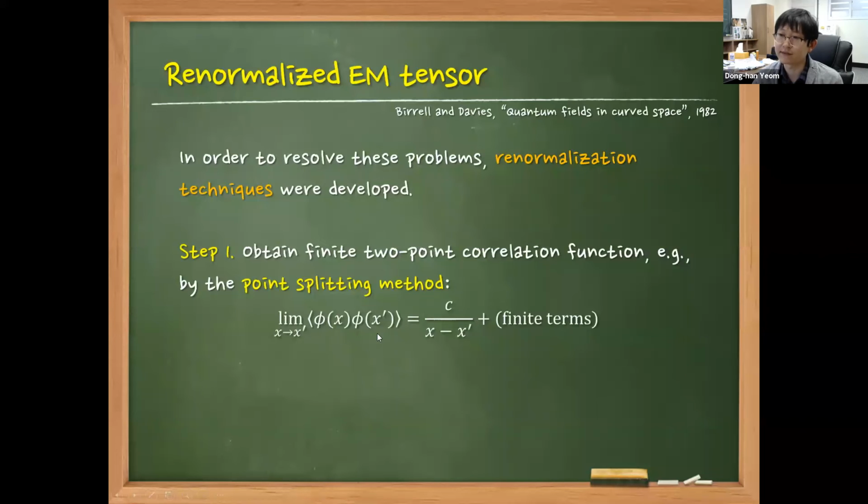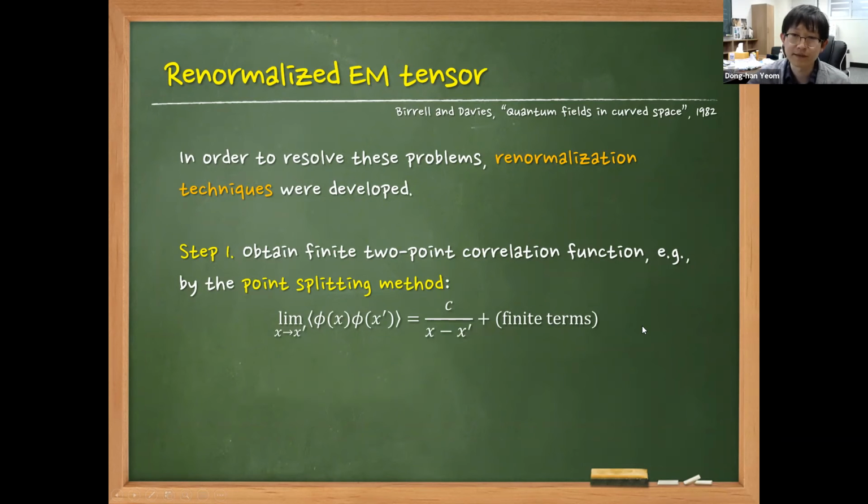If you compute the expectation value at x and x prime, then it is a non-divergent quantity. And if you consider the limit of x approaching x prime, then there appears a term like a constant over x minus x prime, which is divergent. However, if you regard this as a 1 over epsilon divergent term, you can introduce the counter term to cancel this, then eventually you will see finite results.